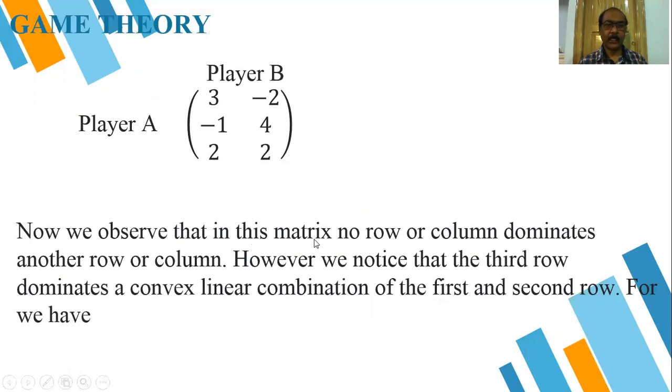Now we observe that in this matrix, no row or column dominates another row or column. However, we notice that the third row dominates a convex linear combination of the first and the second row. So we can take the combination of these and dominate this. So by using the convex combination, we can proceed now.